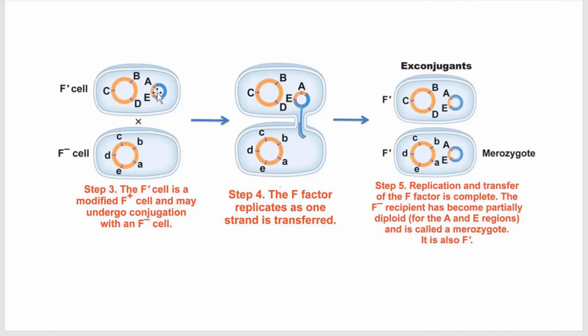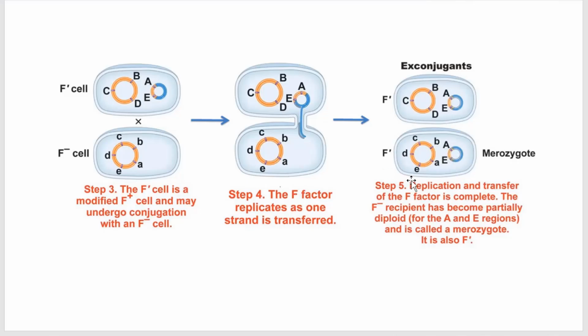Now when this cell starts to form a conjugation tube, sometimes along with the F factor, the A and E genes are also transferred.